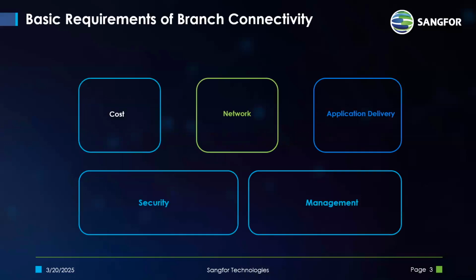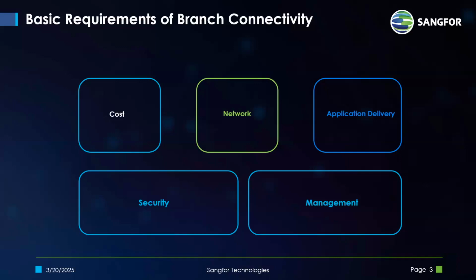So what are the basic requirements for branch connectivity? First is cost. You have to reduce the capital expenditure, but also ongoing operational expenditure. Then is network. The network not only has to be fast, but also reliable. Then is application delivery to guarantee user productivity and user experience. Fourth is security.